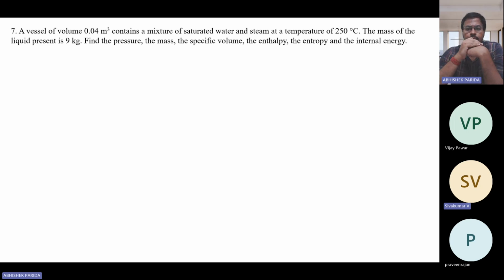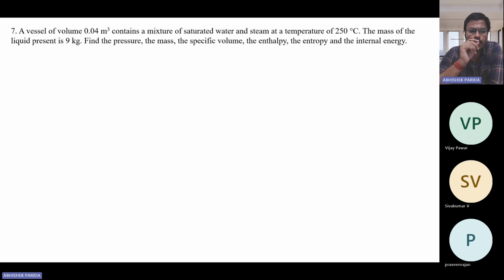And thereafter it is a wet condition, in the sense wet steam enthalpy, hf plus x into hfg, sf plus x into sfg. Once we know that enthalpy, then we can calculate the internal energy. So I understood your approach is perfectly right. So have you solved all the bits?